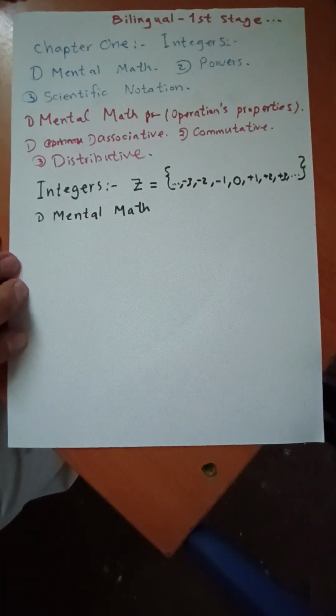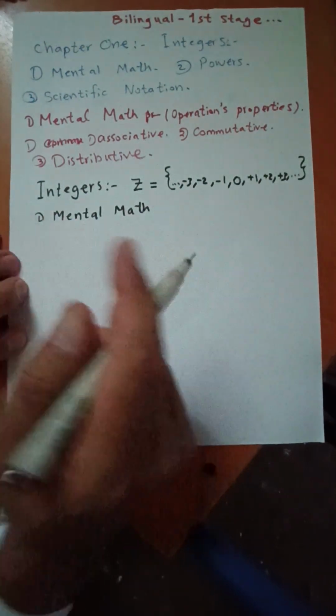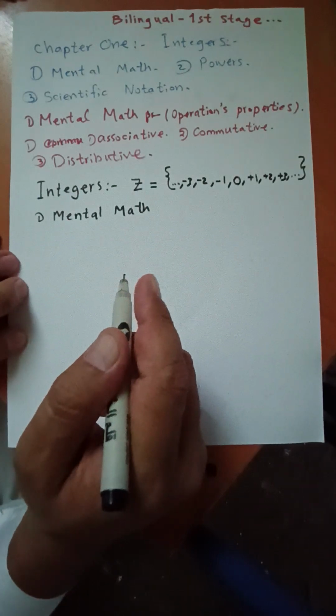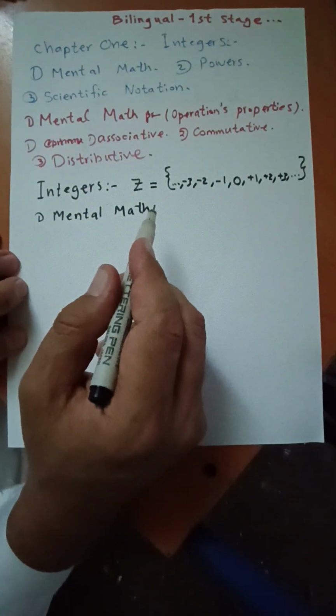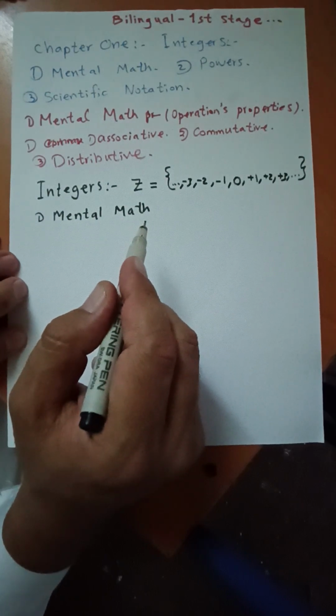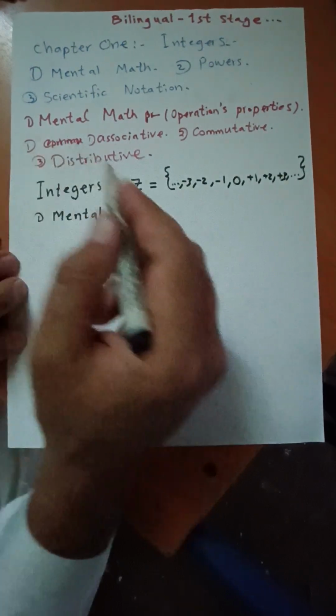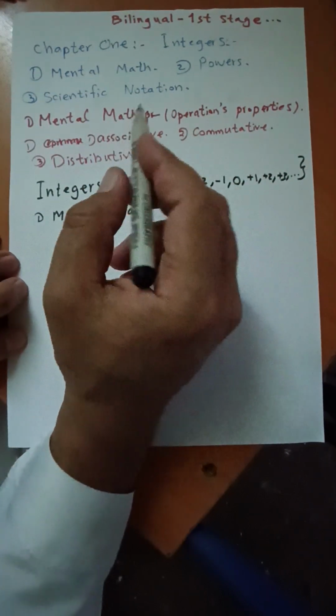What do I mean with mental math? I mean all the properties of the operations on the integers. Which properties do I mean?